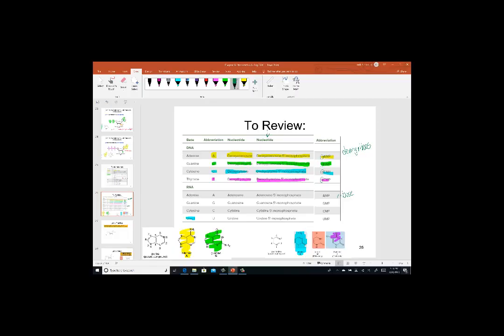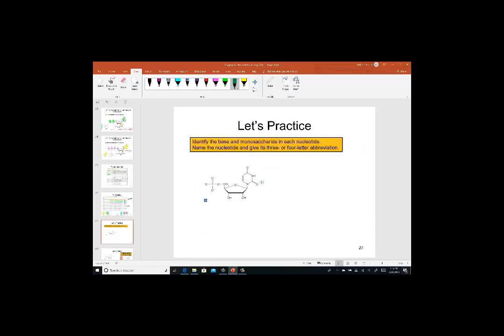The first step, of course, is to identify the base. Second, identify the sugar. And 3, assemble the pieces.